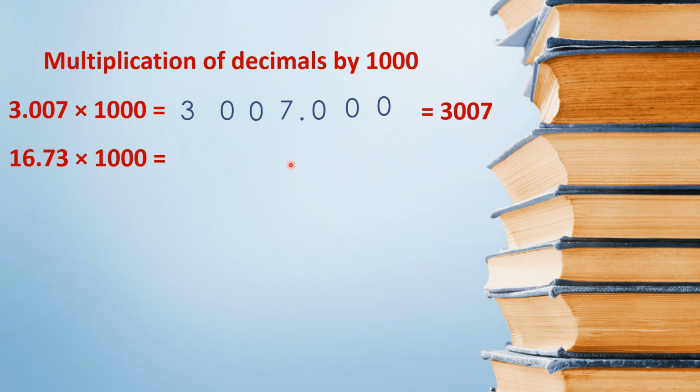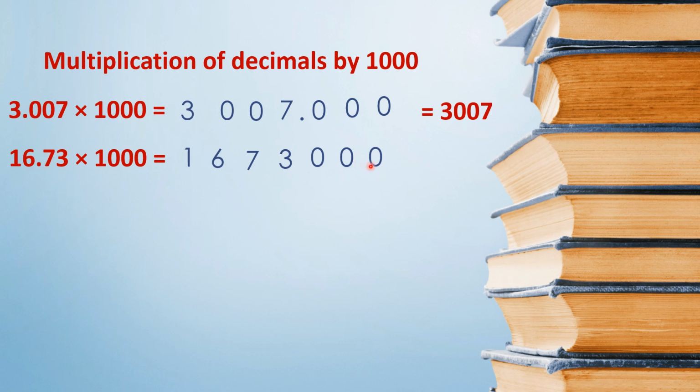It means our final answer is 3007. Let us do one more question. 16.73 multiply by 1000. So here also, let us multiply 1673 by 1000. What you will get? 1673000. Now we will put the decimal. After how many places? 1, 2. Decimal places are 2 in this decimal number.